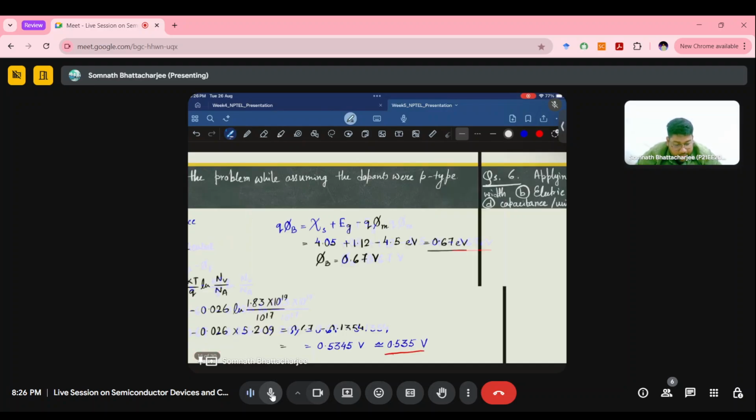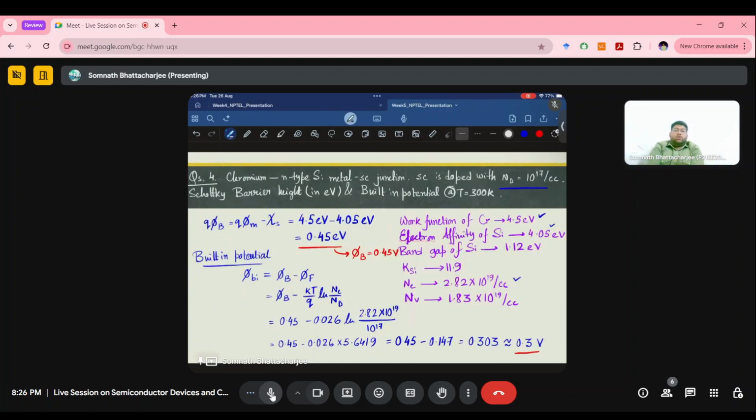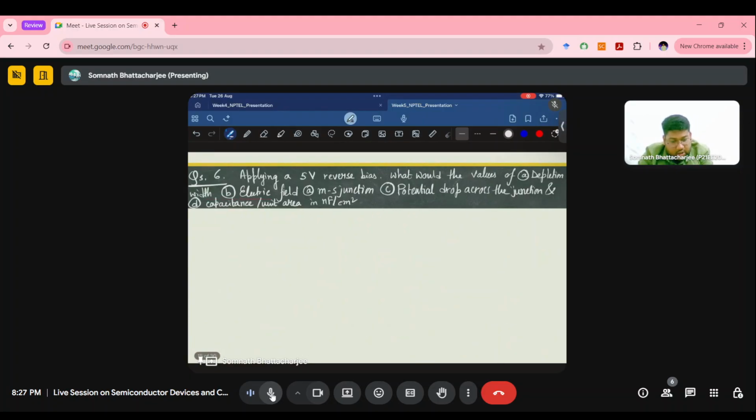Right now we are applying a reverse bias of 5 volts, that is a minus 5 volts, and based on that we need to know the depletion width, the capacitance per unit area, the potential drop across the junction, and also the electric field.